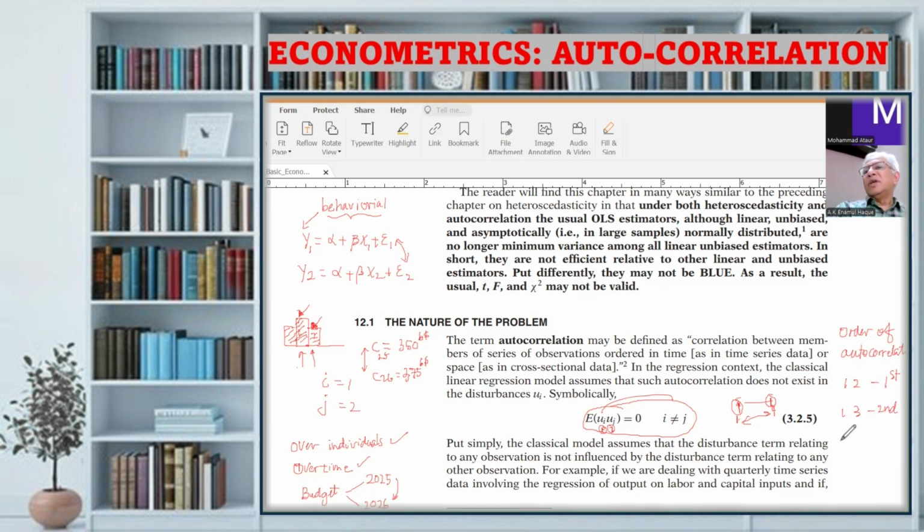If it is 1 and 4, we say third order. In other words, the difference between them creates the order of correlation. So observation 1 and observation 4 are connected to each other. Depending on your data, some kind of correlation may exist, and that is perfectly not unexpected.